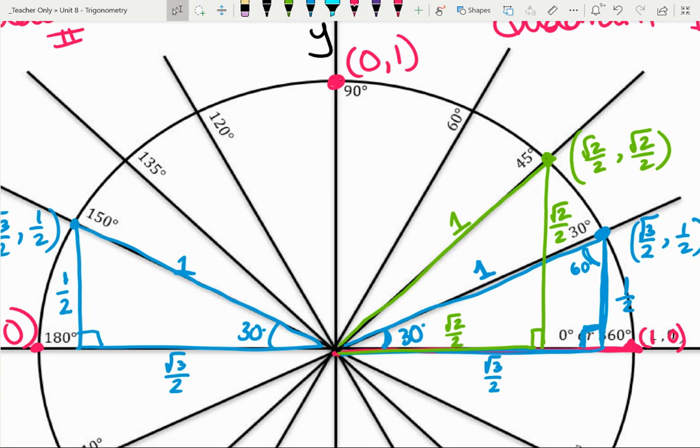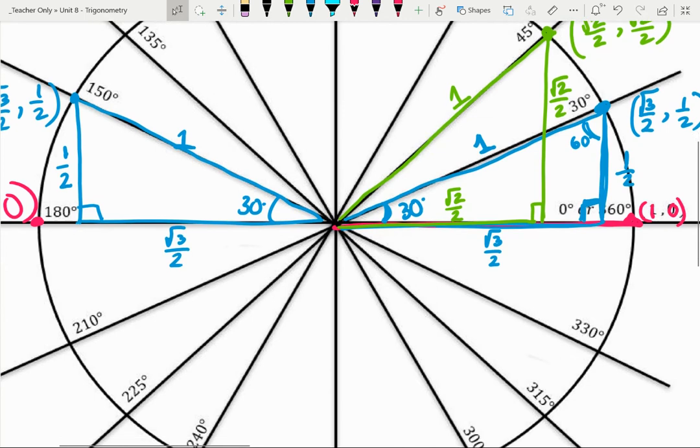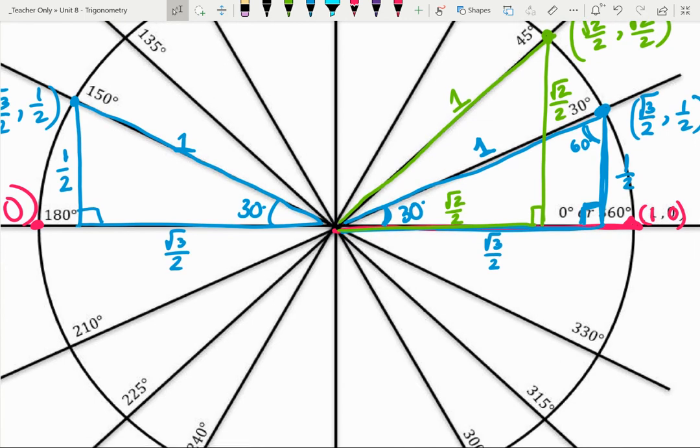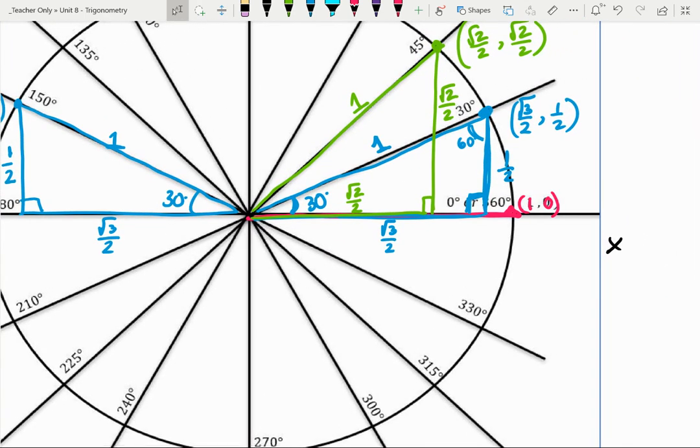And again, if we think about what happens here, perhaps I will use a different angle. Below, on another 45-degree angle between the x-axis and this 315-degree, right? If we go backwards from 360 by 45 degrees, we get another 315 degrees.